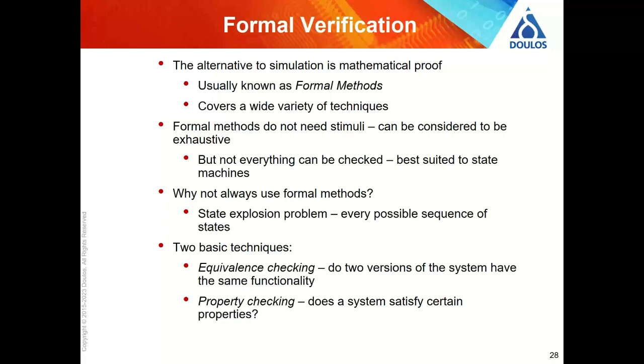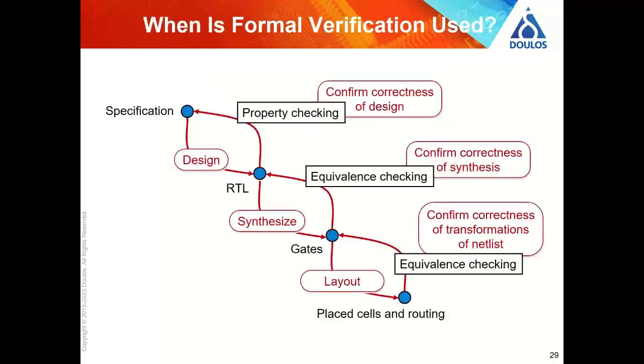Equivalence checking is basically checking that two versions of the design are functionally the same. So it will effectively extract the Boolean logic that represents two different versions and compare them. Property checking, we write properties, and those properties are proven or disproven. Okay, so formal verification, again, can be used at each different step, but would likely be different.